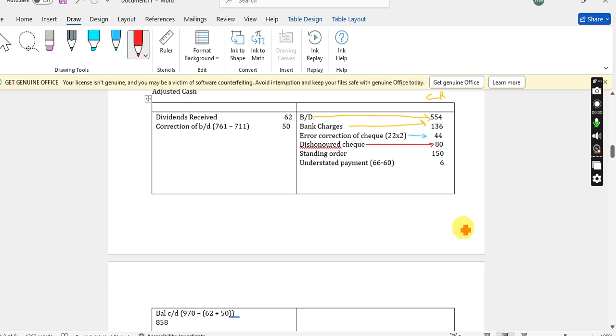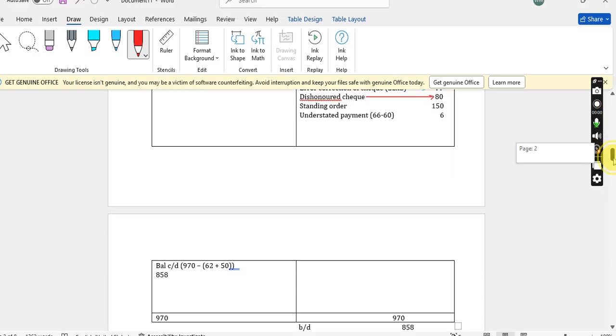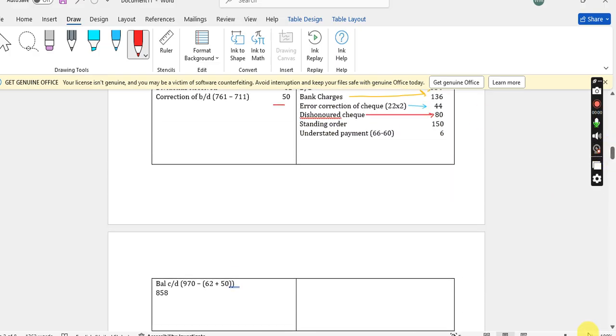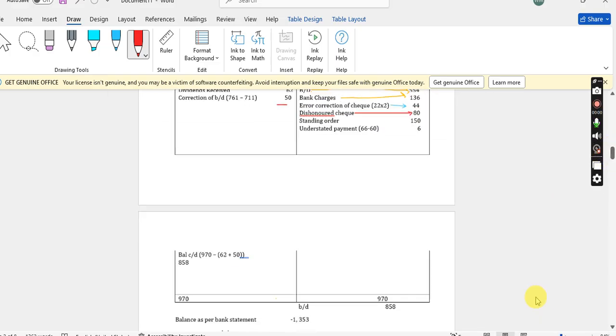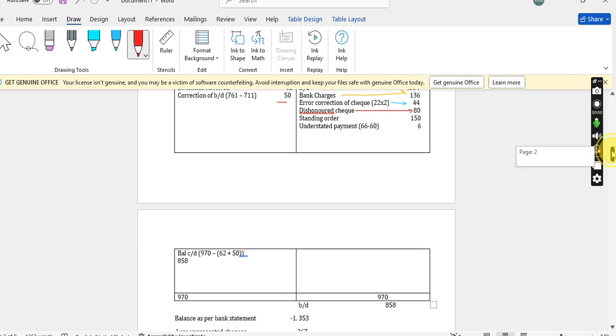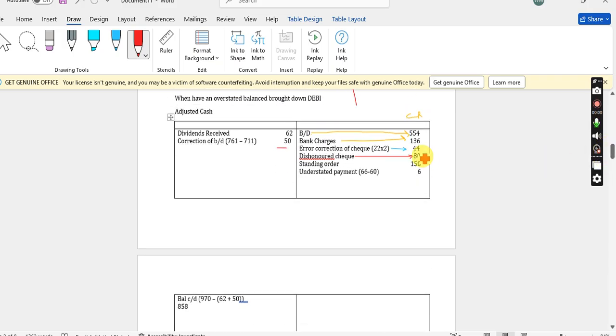All right, colleagues, so we debit the adjusted cash book by 50 so that we correct that overstated balance brought down on the credit side. So this is how you close the accounts to get the new balance. You see which side has got the bigger amount. In this case, the credit side has the bigger amount.